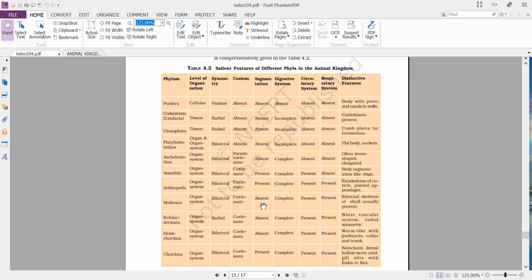The name mollusca is derived from the presence of the shell. The body is covered by a hard calcareous shell. In echinoderms we'll find the water vascular system, and we'll find radial symmetry with reference to the adult ones.